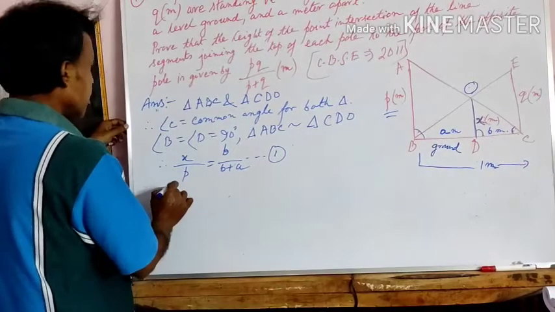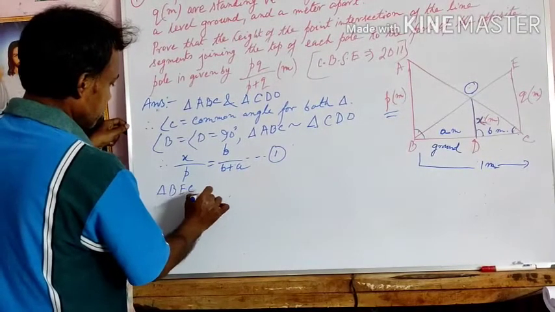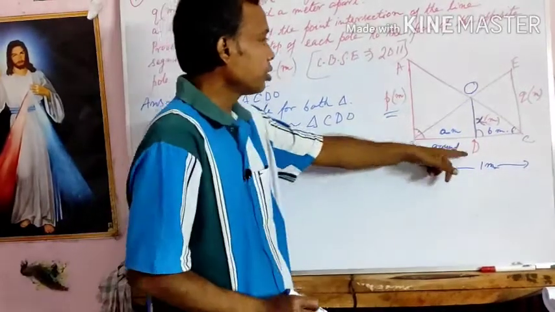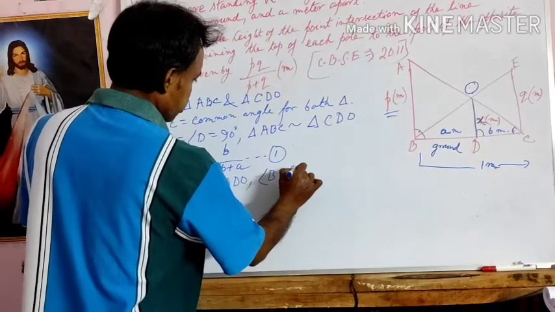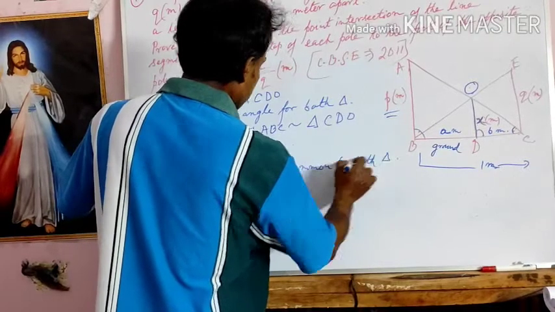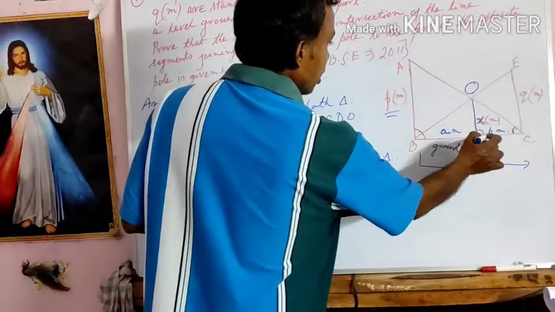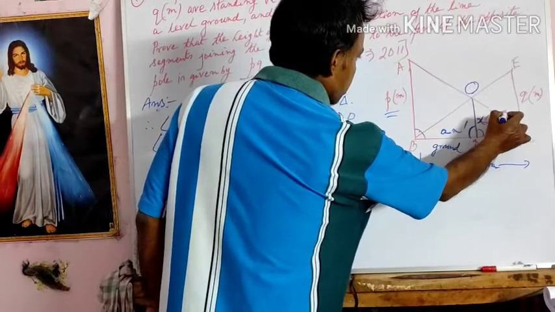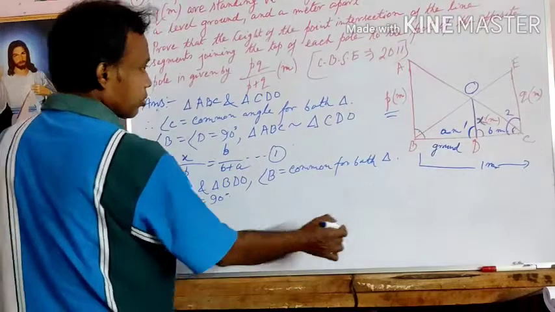Now take another two triangles, BDO and BCE. In the two triangles, angle B is the common angle for both triangles, and angle 1 is equal to angle 2 is equal to 90 degrees, since they are vertically upward.